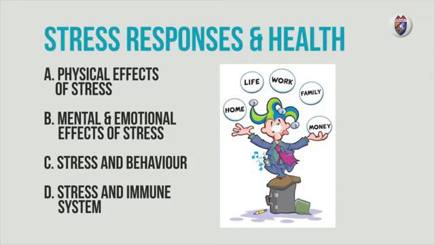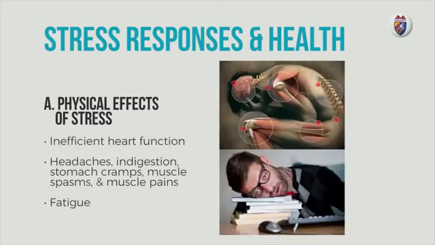Third, we will explore how stress can affect a person's overall behavior, behaviors that are most of the time left unnoticed by a person who is stressed out. Lastly, we will explore how this stress can affect the body's immune system, the organ system responsible for fighting off diseases and infections. Let's begin with the physical effects of stress to the body.